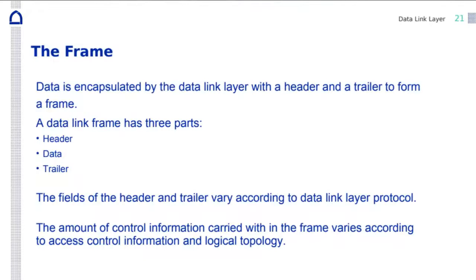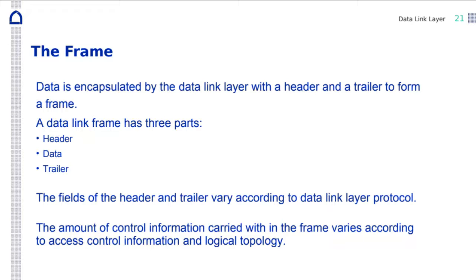The frame is the data unit in the data link layer. It has header and trailer. A data link frame has three parts: header, data, trailer. The fields of the header and trailer may vary according to the data link layer protocol. Their size will be different.